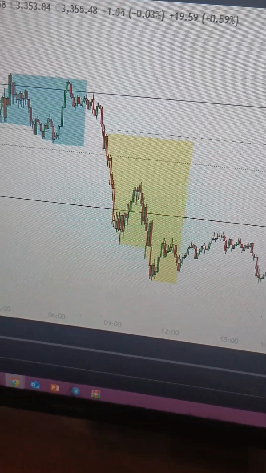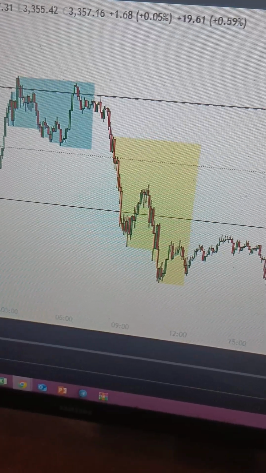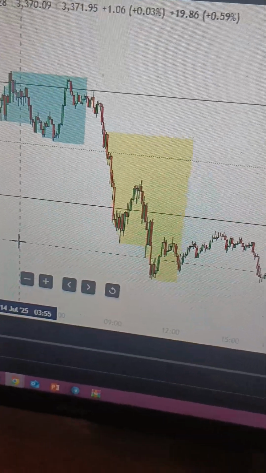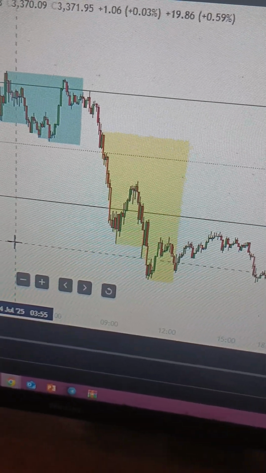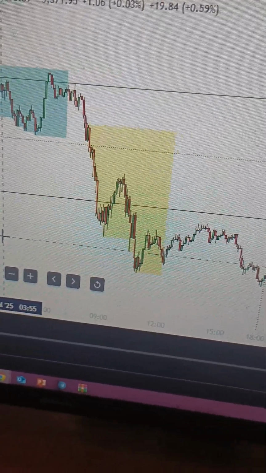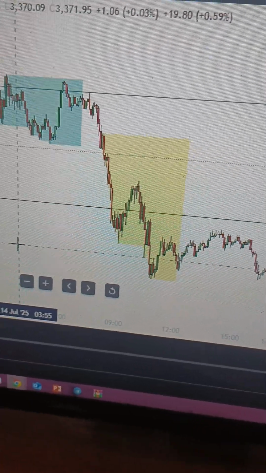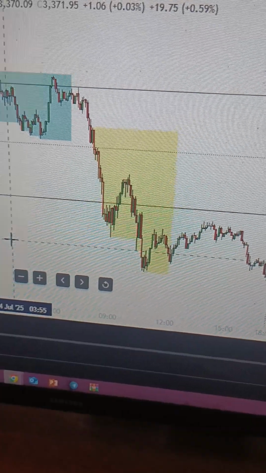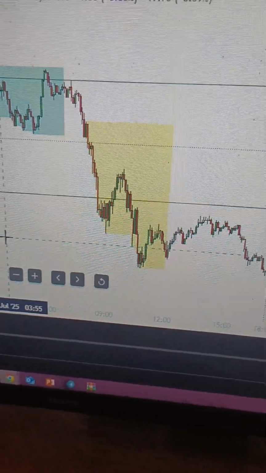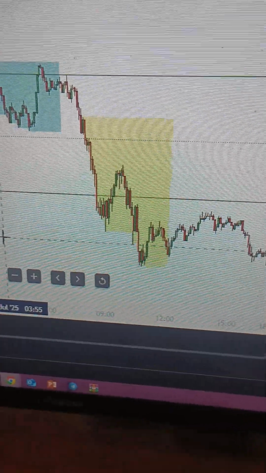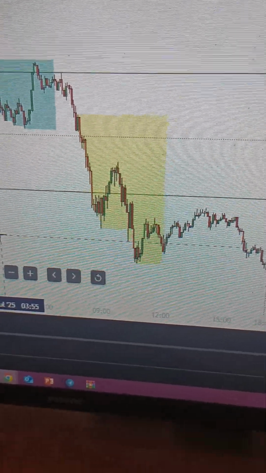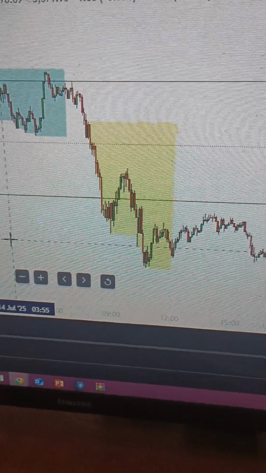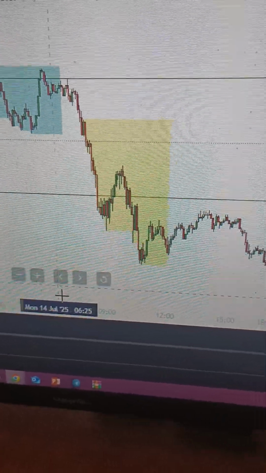This is the Asian high, this is the Asian low. I would go with market structure because it is going to guide us so well. If you're a beginner, you don't have to struggle on what you're looking at, and you'll not be guessing anything.